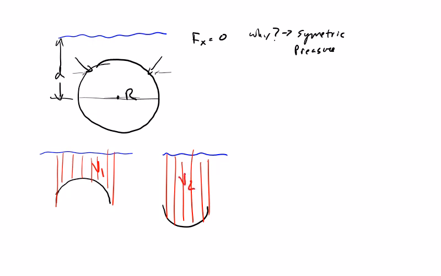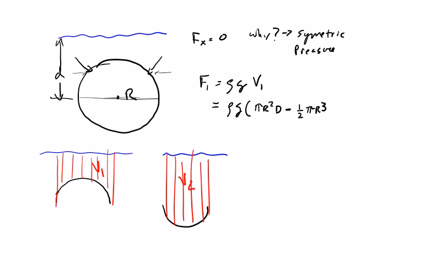All right, so force 1 is rho g v1. All right, and that equals what? Rho g, well, what's v1? v1 is pi r squared times d minus 1/2 of 4/3 pi r cubed.